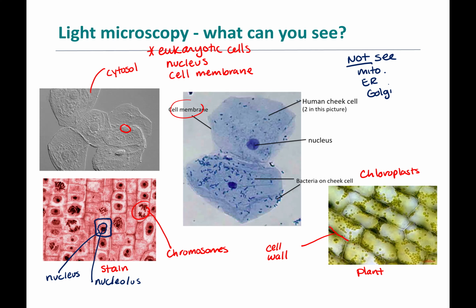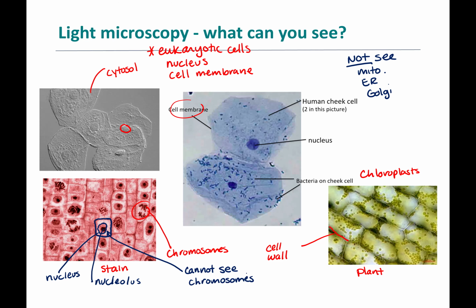I want you to note here, like in this cell, you cannot see chromosomes because they haven't condensed, they haven't gotten fat, they're not visible under light microscopy.